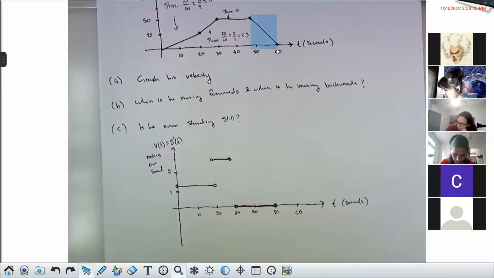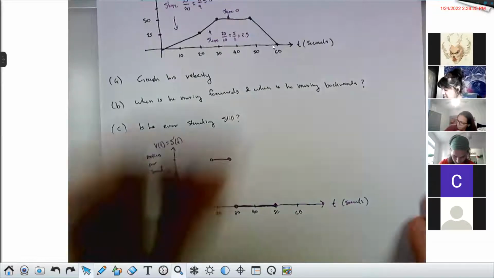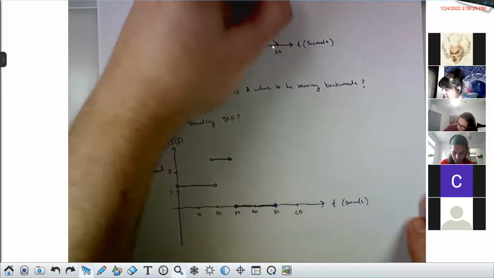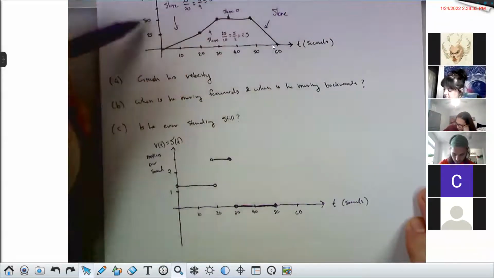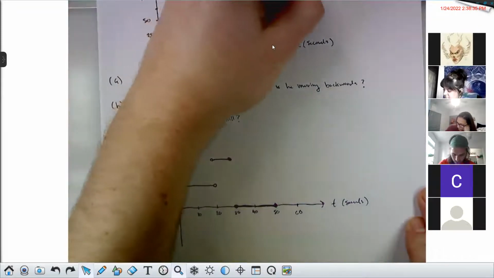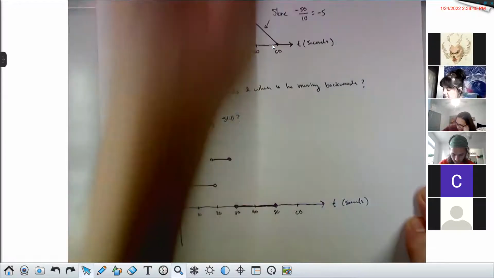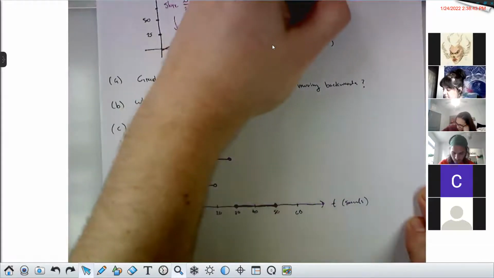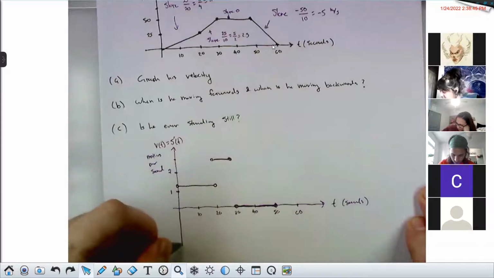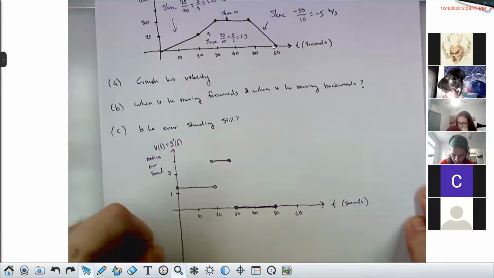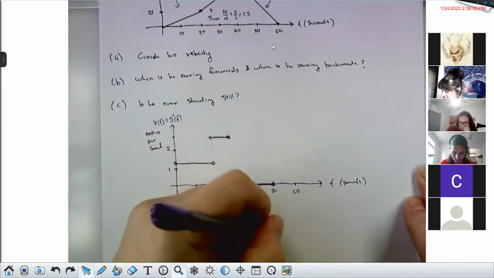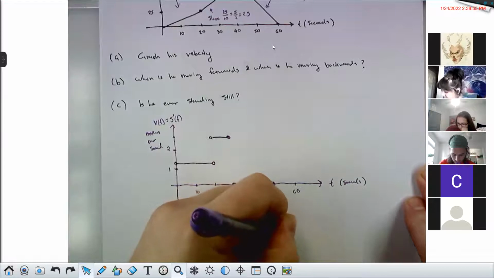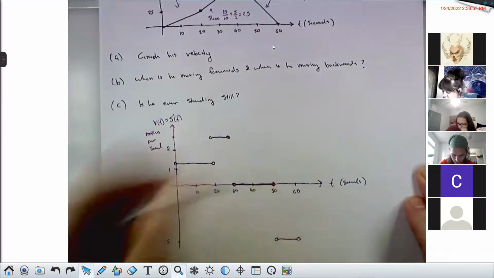And in this last time interval from 50 to 60 seconds, that slope is negative, he's going to go 50 meters in 10 seconds. The slope is negative 50 over 10, or negative 5 meters per second. So that would be down here. Okay.